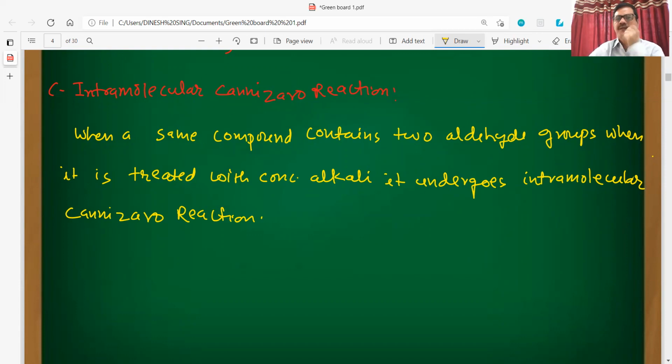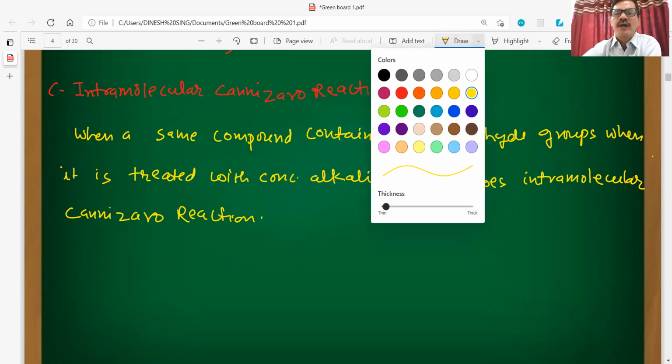So one group will convert into carboxylate and the other one will convert into alcohol.